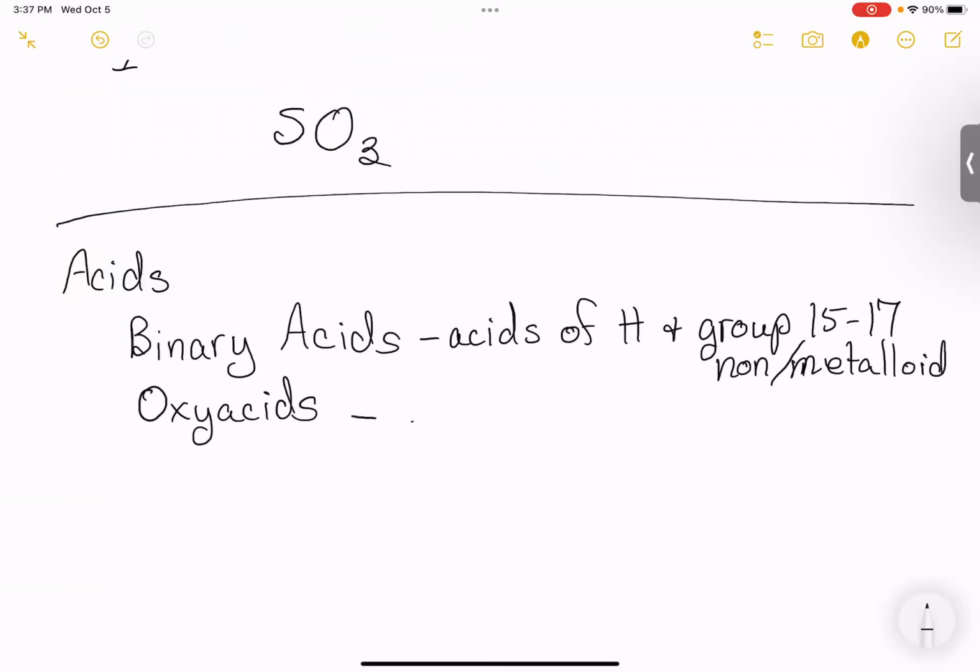Oxy acids are acids of polyatomic ions. That is the difference between a binary acid and an oxy acid.